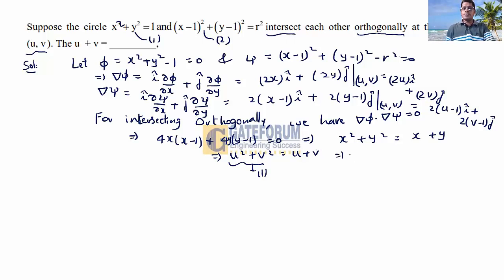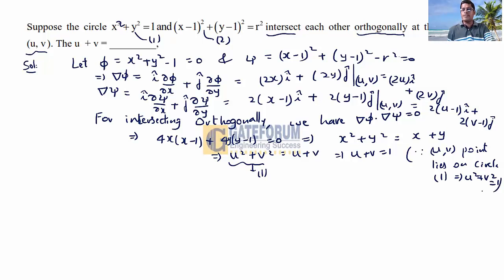So this becomes u plus v is equal to 1, since the point u comma v lies on circle 1, which implies u square plus v square, the point satisfying the circle equation. This is the reason.